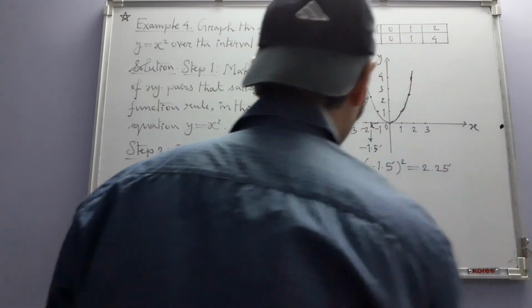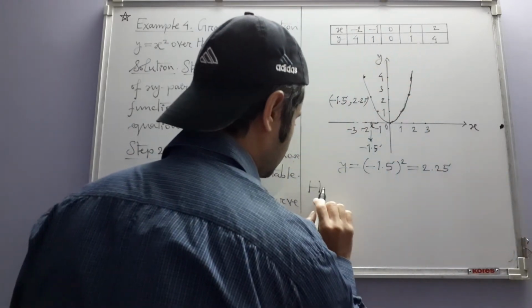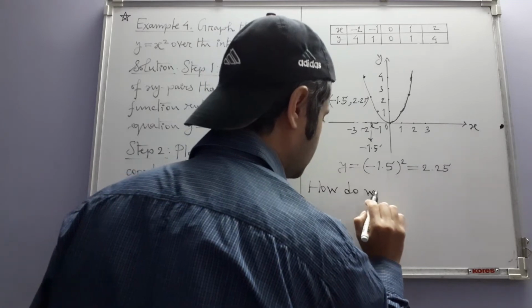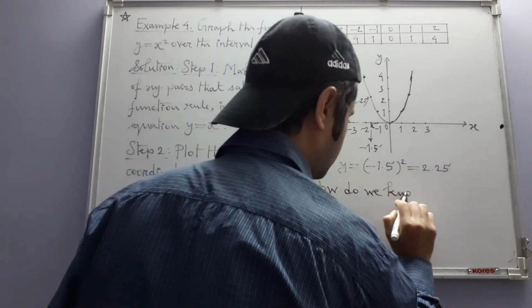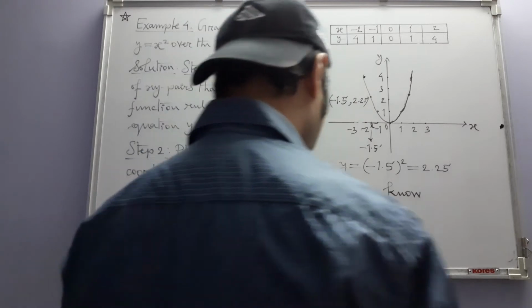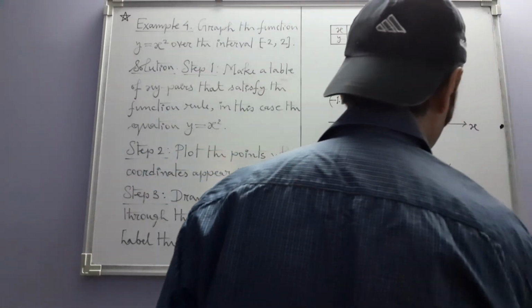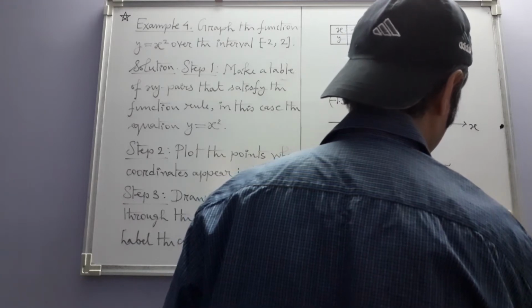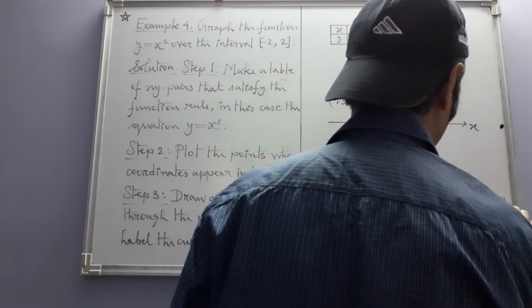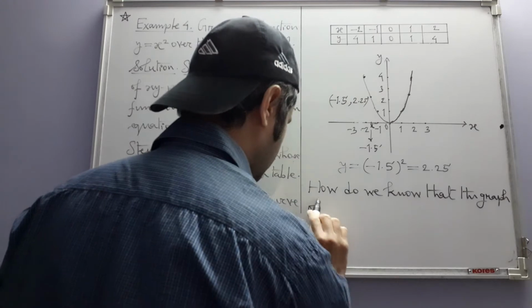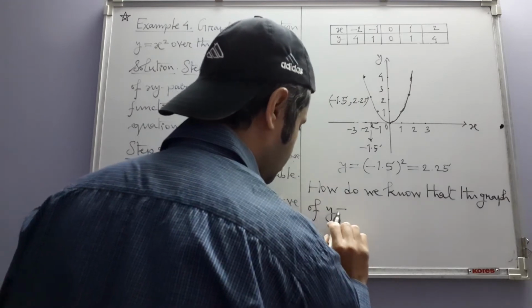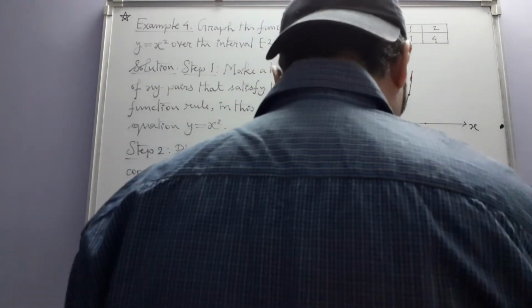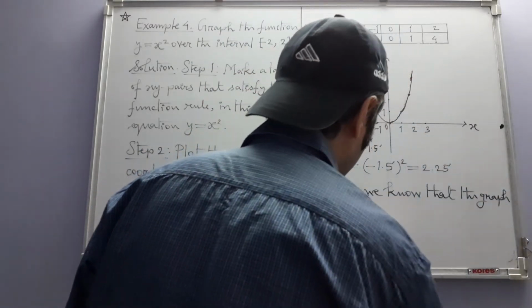How do we know that the graph of y equal to x square doesn't look like one of these curves?